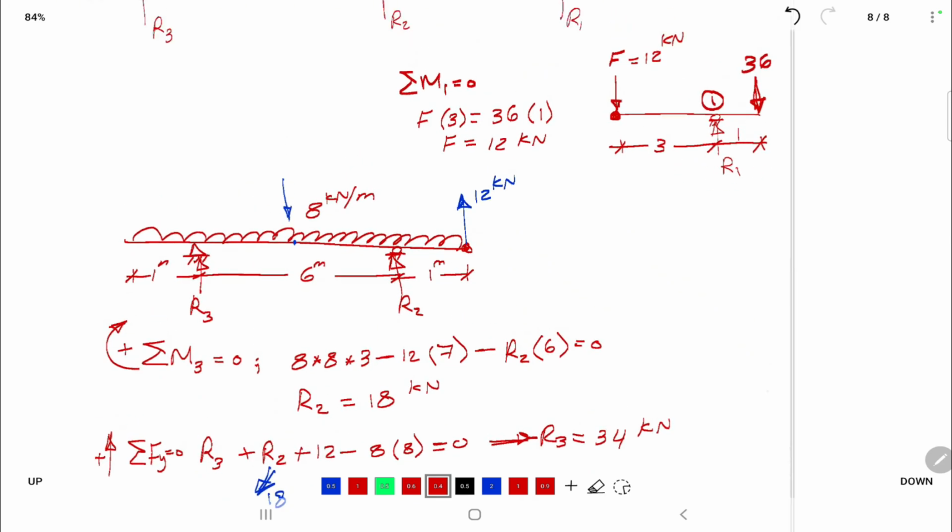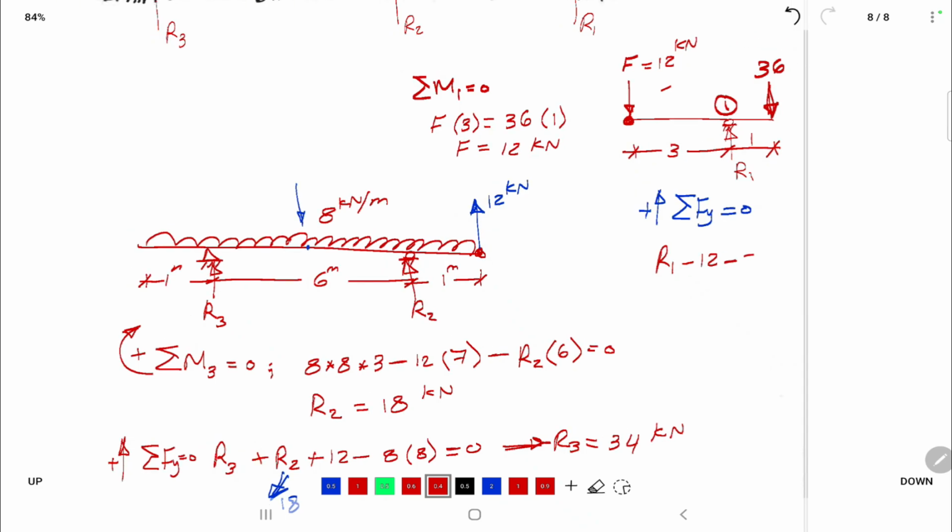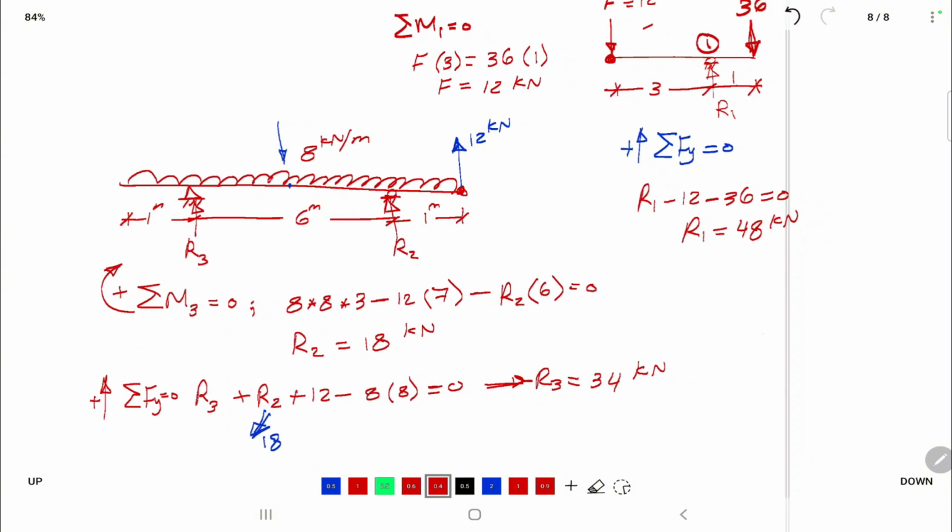R1 here may also be computed by sigma Fy equal to 0, with everything up positive. So R1 minus 12 minus 36 equal to 0, from which R1 equals 48 kilonewton.